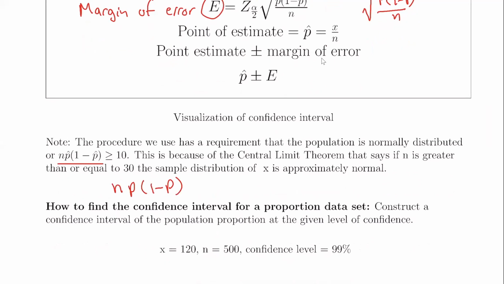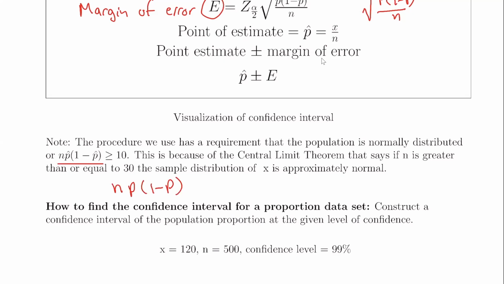We do n times p hat times 1 minus p hat, and check to see if that's greater than or equal to 10. The only thing different is that we don't know what p is anymore, so we use p hat as a replacement. Everybody good for that?